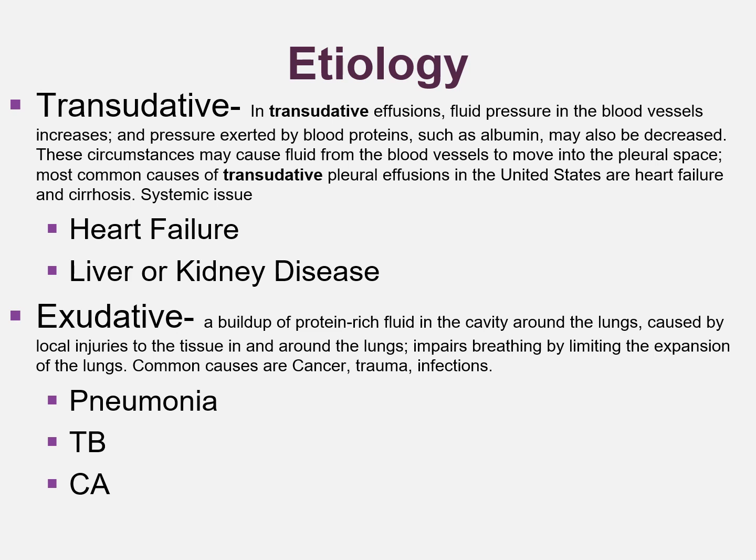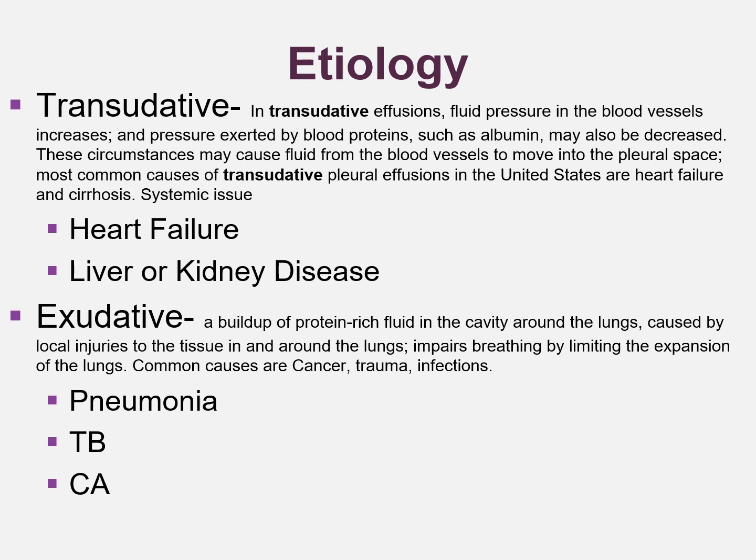We already talked about albumin and how it holds the fluid in the blood vessel, but because it's decreased, the fluid is now going to move from the blood vessel into the pleural space. So this is called a transudative pleural effusion, and the most common cause is heart failure or liver failure. It becomes a systemic issue.